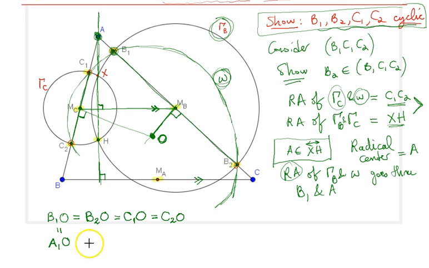So we have shown that these 6 points A1, A2, B1, B2, C1, C2 are all concyclic, and the center of the circle is the circumcenter of our triangle. So that solves this problem. Hope to see you in our next video.